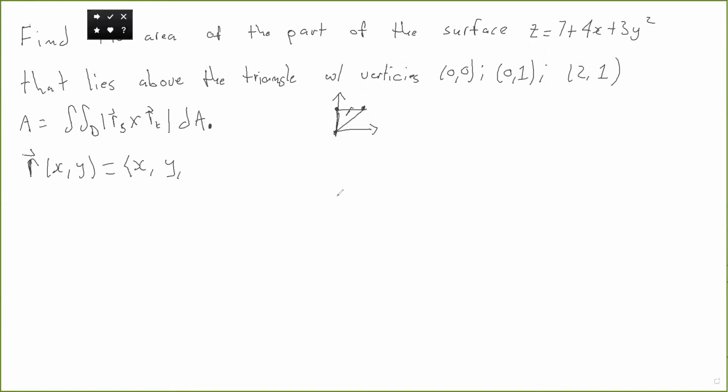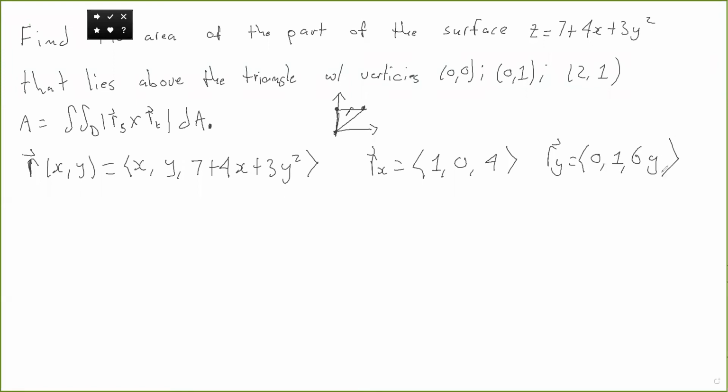It's x, y, 7 plus 4x plus 3y squared. So our Rx is 1, 0, 4, and our Ry is 0, 1, 6y.